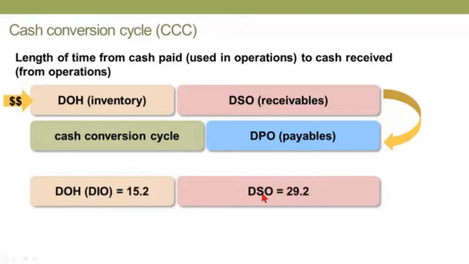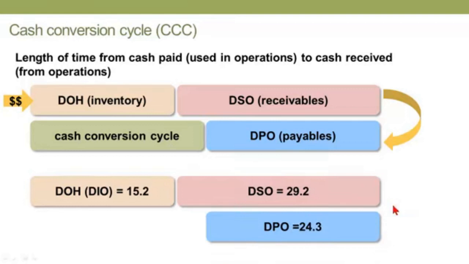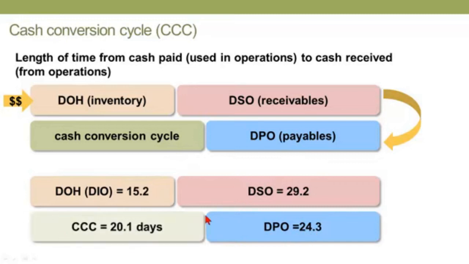We add days sales outstanding of 29.2 days. These are uses of working capital. And then offset that, subtract a source of working capital, days payable outstanding of 24.3 days. And that gap is what is left and equals the cash conversion cycle of 20.1 days.